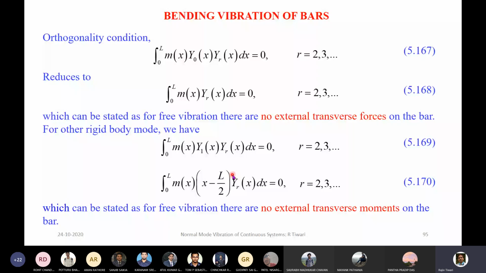So here we are indicating that even the rigid body modes are orthogonal to the flexible modes of the eigenfunctions, both symmetric and anti-symmetric.